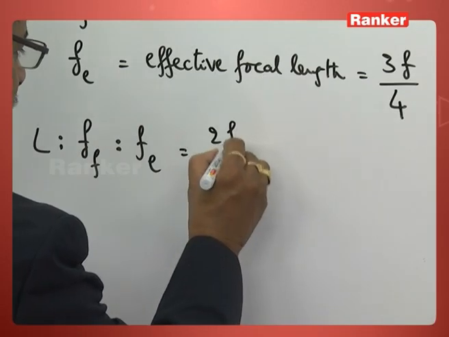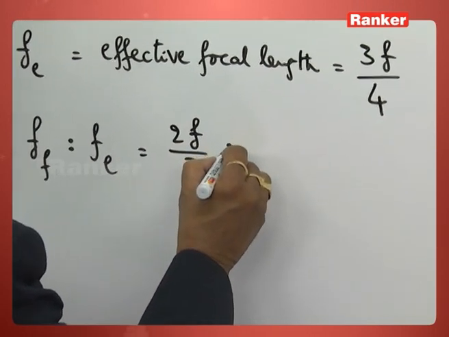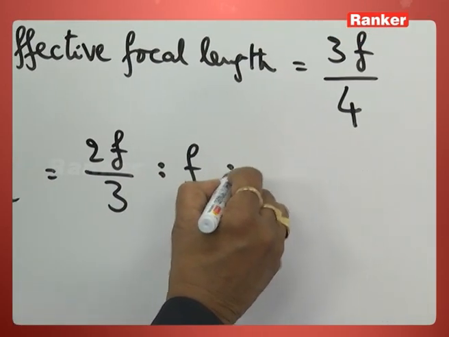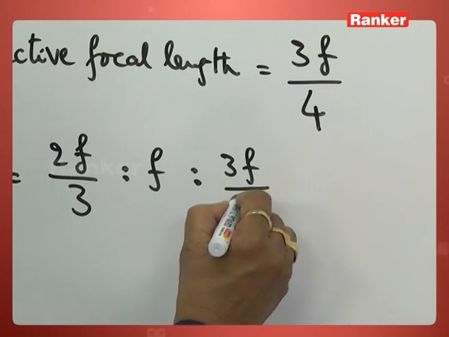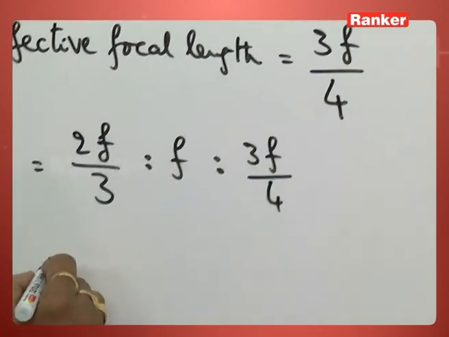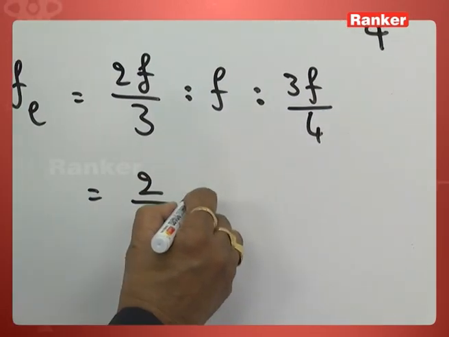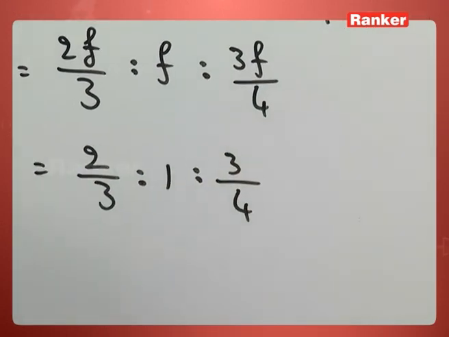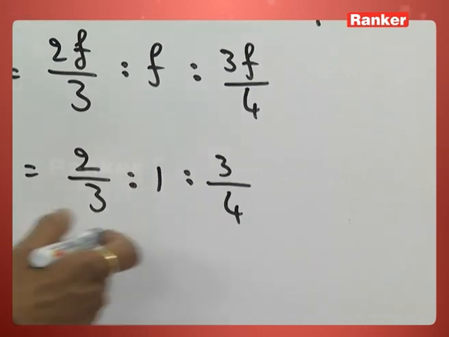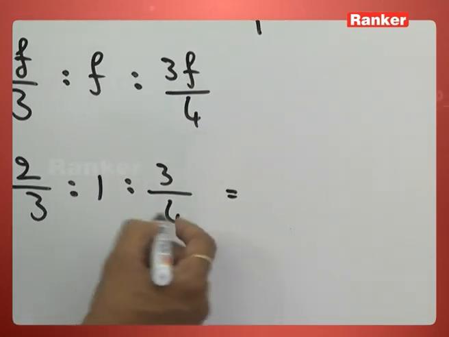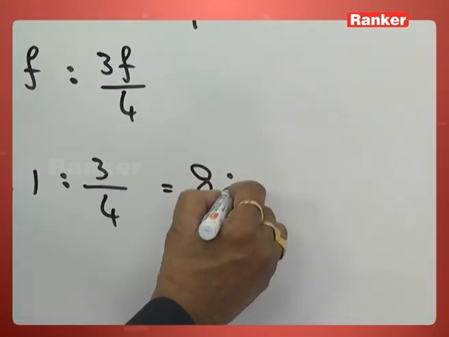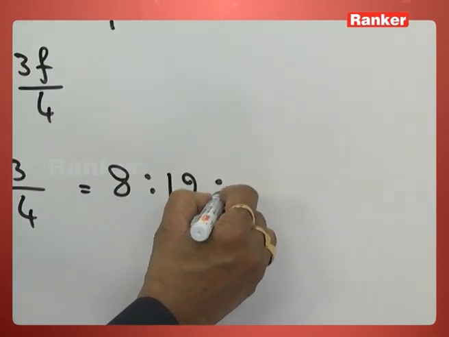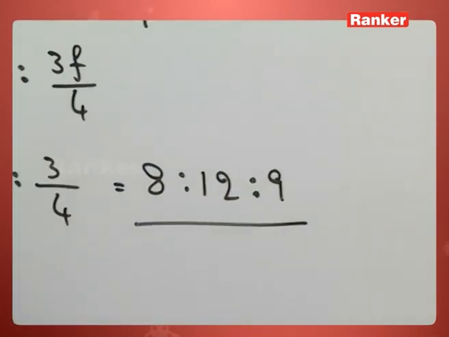It is 2F by 3 is to F is to 3F by 4. That of course you can write 2 by 3 is to 1 is to 3 by 4. So suppose if we take 12 like this, it now becomes 8 is to 12 is to 9.